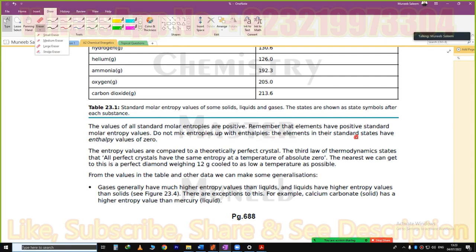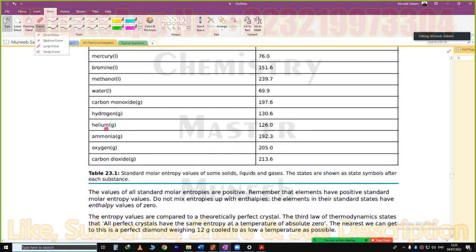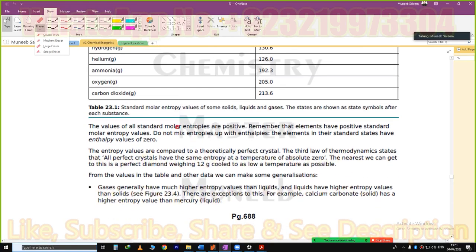The elements in their standard states have enthalpy values of 0. It means that the entropy of the elements still has some value, but enthalpies don't have values. They are actually 0. So this is the difference here.